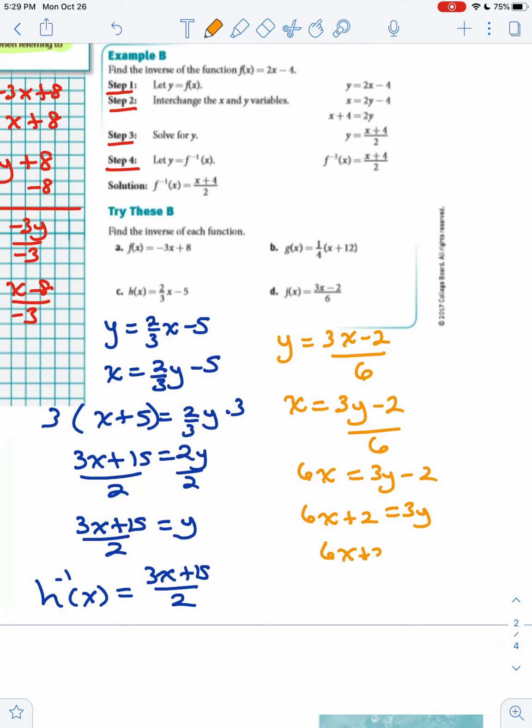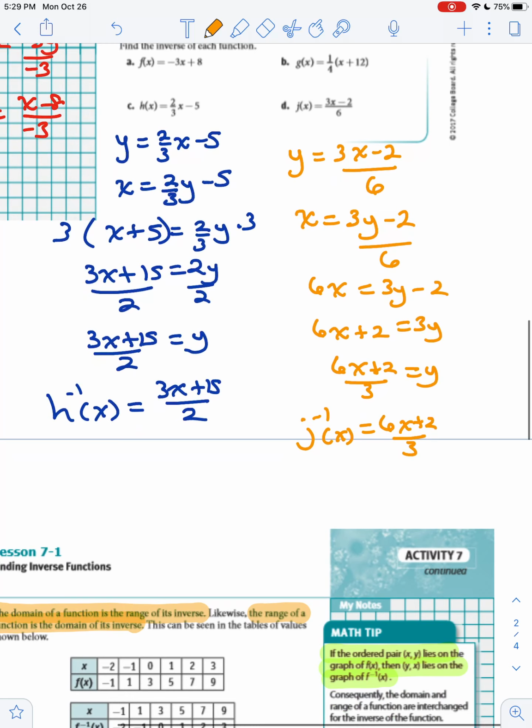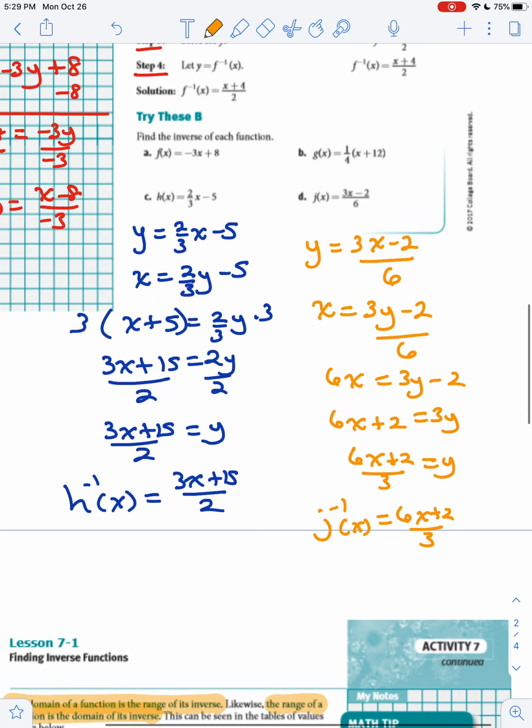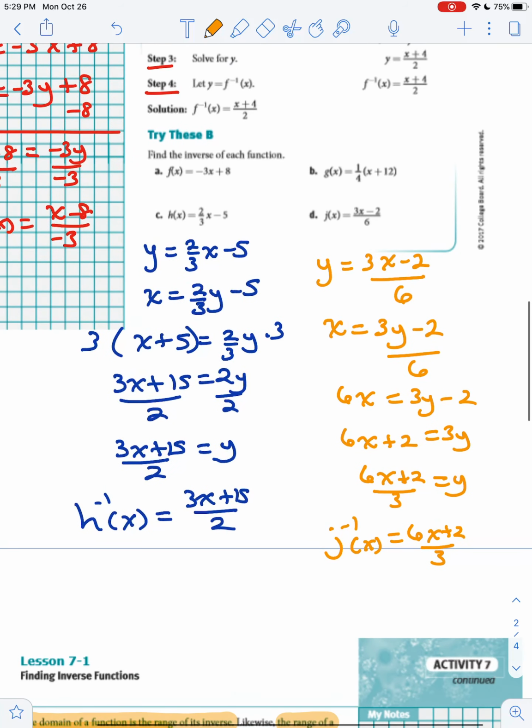And then add 2 to both sides, so 6x plus 2 equals 3y. And finally divide by 3. So 6x plus 2 divided by 3 equals y. Or j inverse of x equals 6x plus 2 divided by 3.